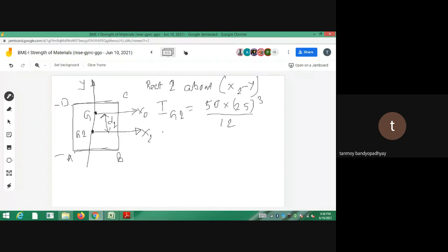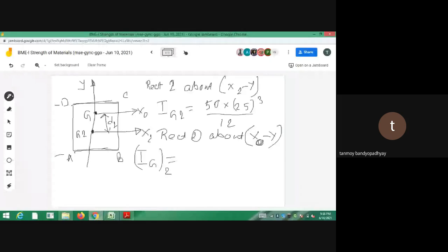Then write the moment of inertia of rectangle 2 about a different axis. We need to find the contribution about the centroidal axis of the entire composite, which passes through G. So the axis now is x0. About x0, what will be the moment of inertia? Let's call it IG. The contribution comes from the second element, the rectangle.